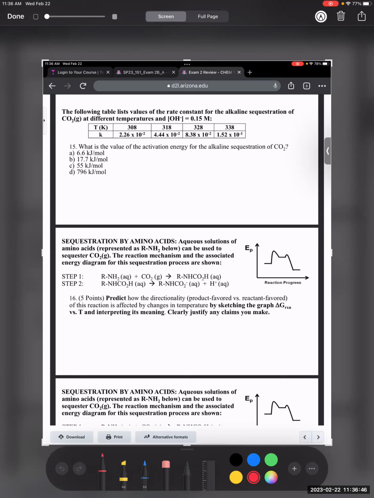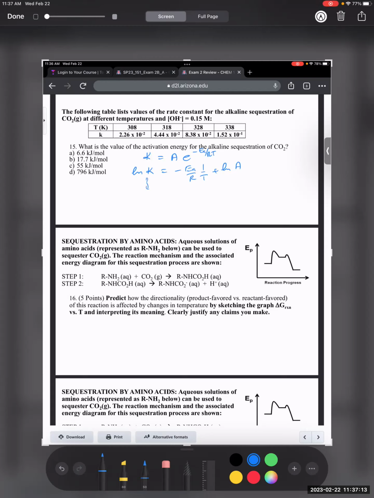Okay, so here's the thing involved here. We have what we call the Arrhenius equation, which relates the rate constant to the temperature. It looks like this: k equals A times e to the power of minus Ea over RT. If you take the natural log on both sides, you get ln k equals minus Ea over R times 1 over T plus natural log of the Arrhenius constant.